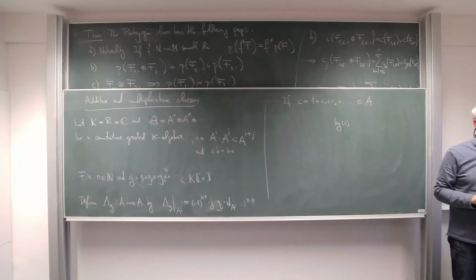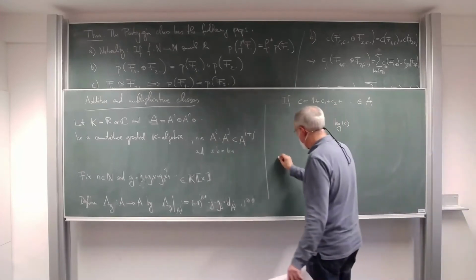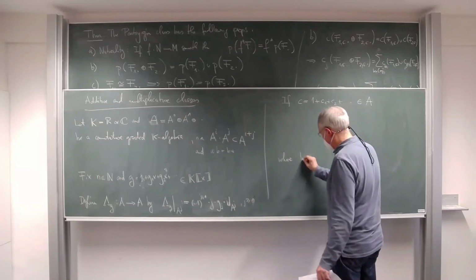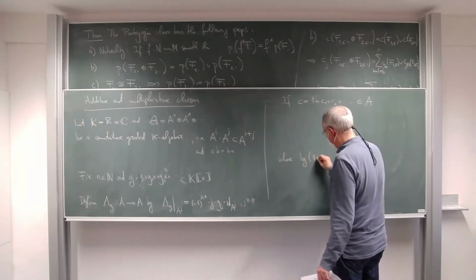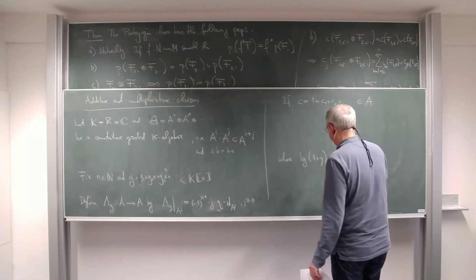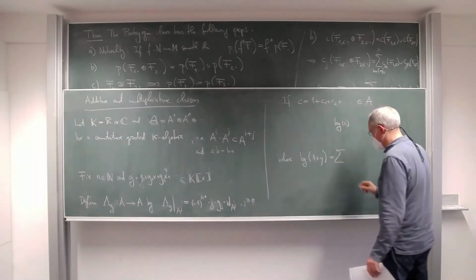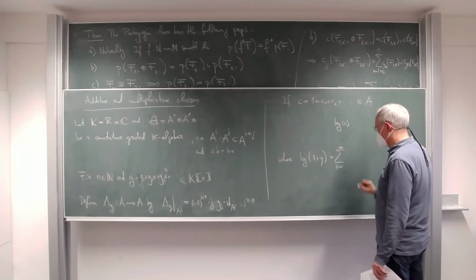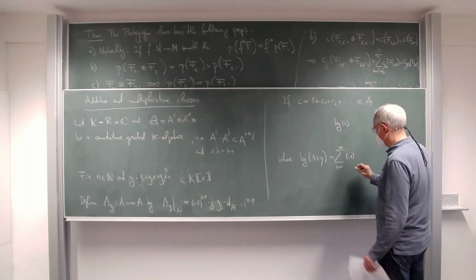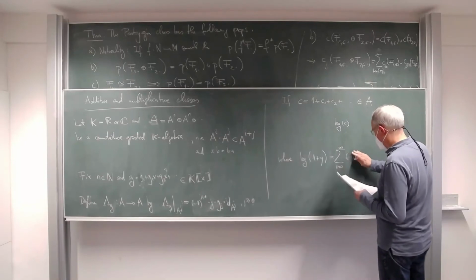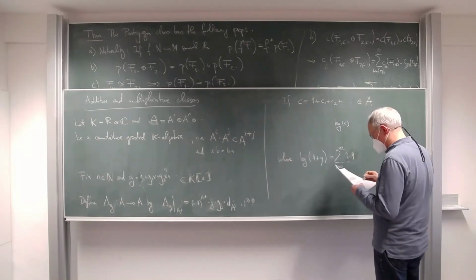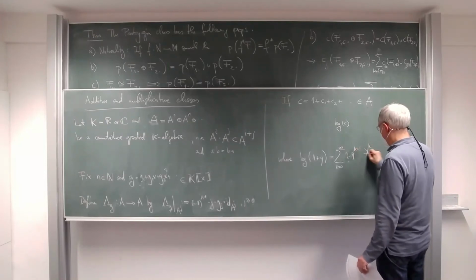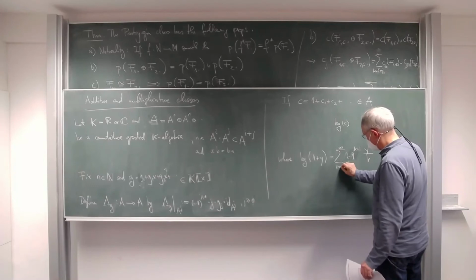So what does that mean? Here I use the power series of the logarithm, which we know is given as the sum from k equals 1 to infinity of minus 1 to the k plus 1 over k, x to the k.